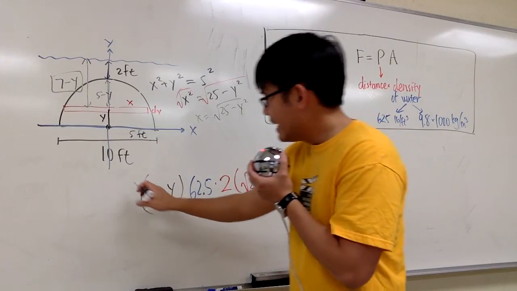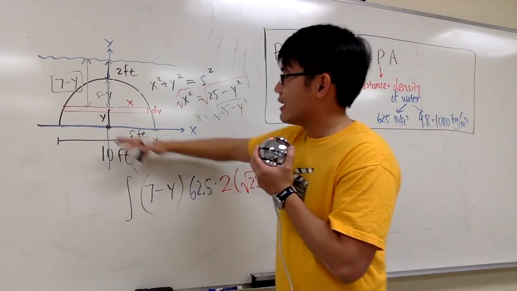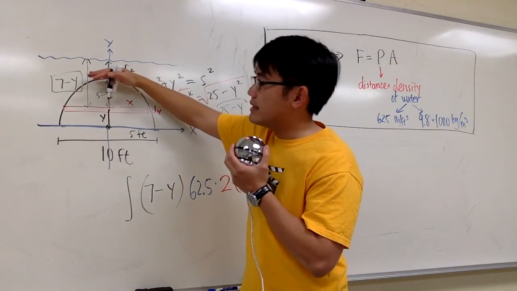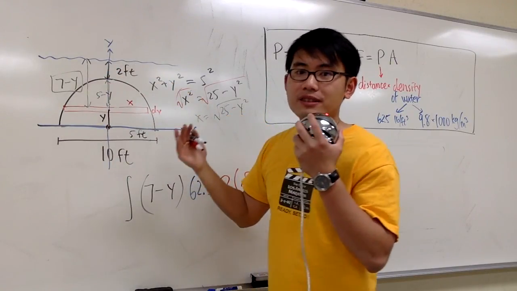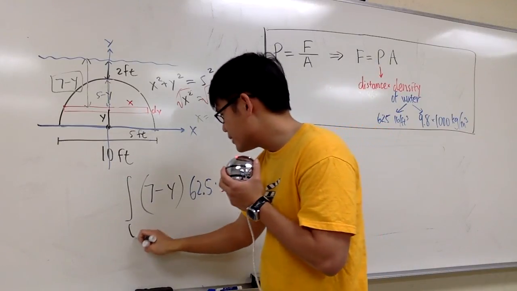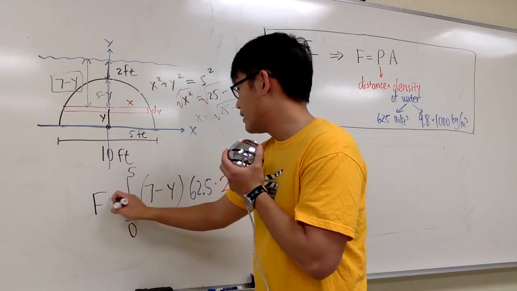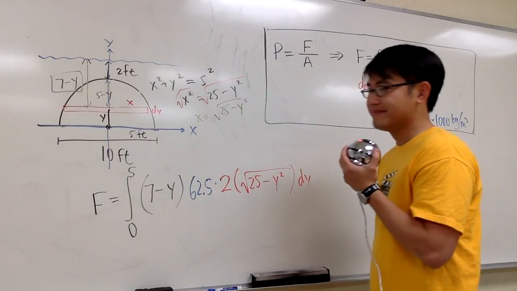Okay? And we integrate. We begin with y equal to 0, up to y equal to 5. And that will give us the semicircle, 0 to 5. And that will give us the total force.